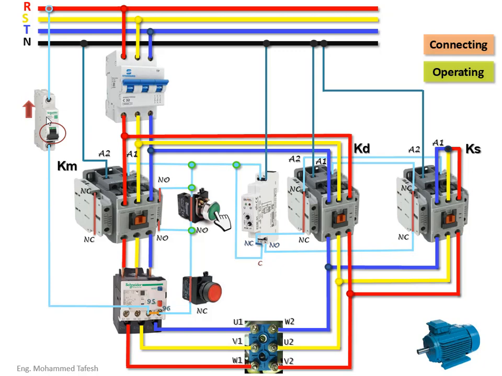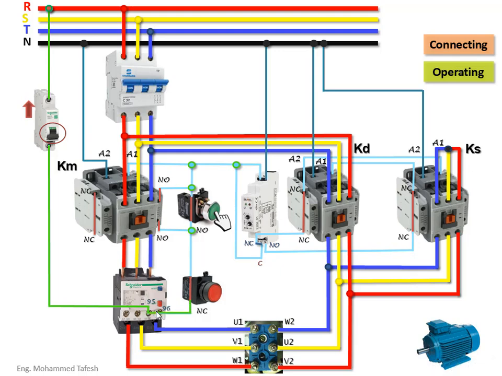In the event that we press the start button, the position point changes from normally open to normally closed, meaning it's now closed. If it was closed, what will happen? The electric current passing through the circuit breaker reaches the overload through this closed point 95 and 96.